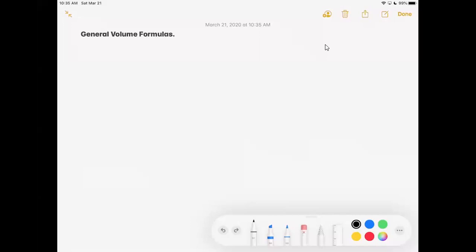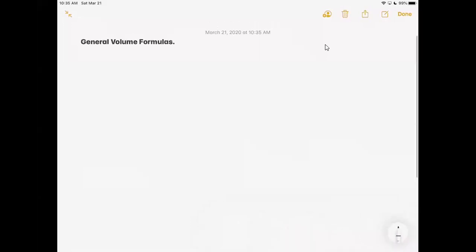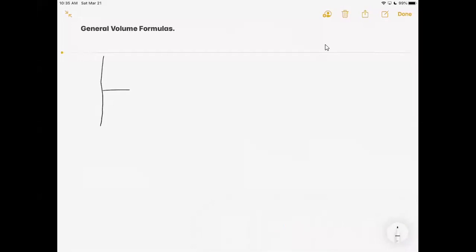Okay, so let's start thinking about the volume of a cone. So if I were to draw a region like this, that's a triangle. I could rotate it over the x-axis, and in the rotation, I could form a nice little cone there.